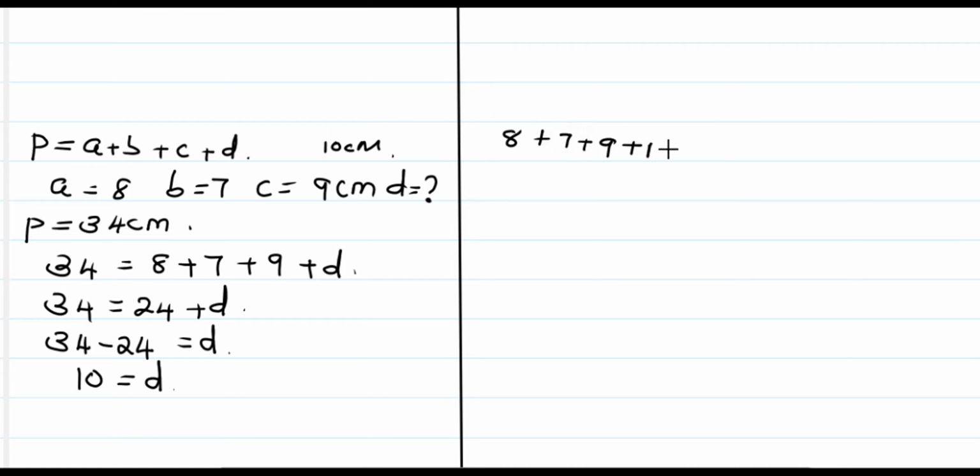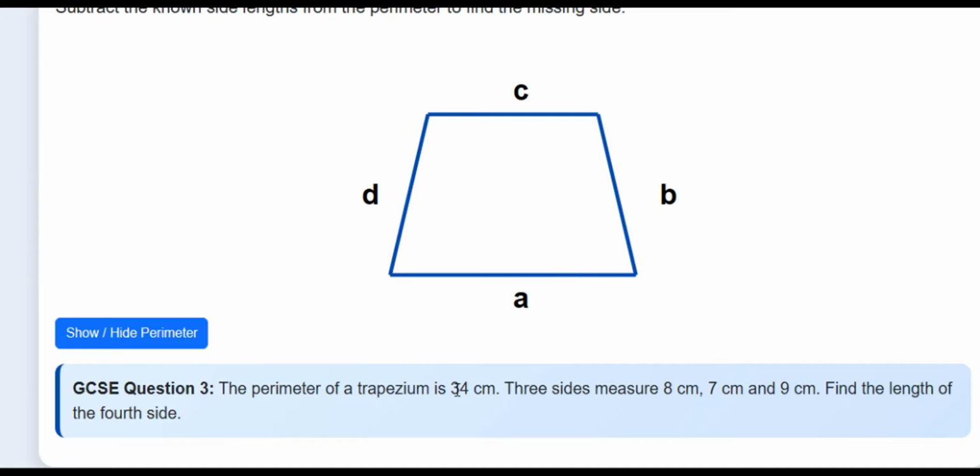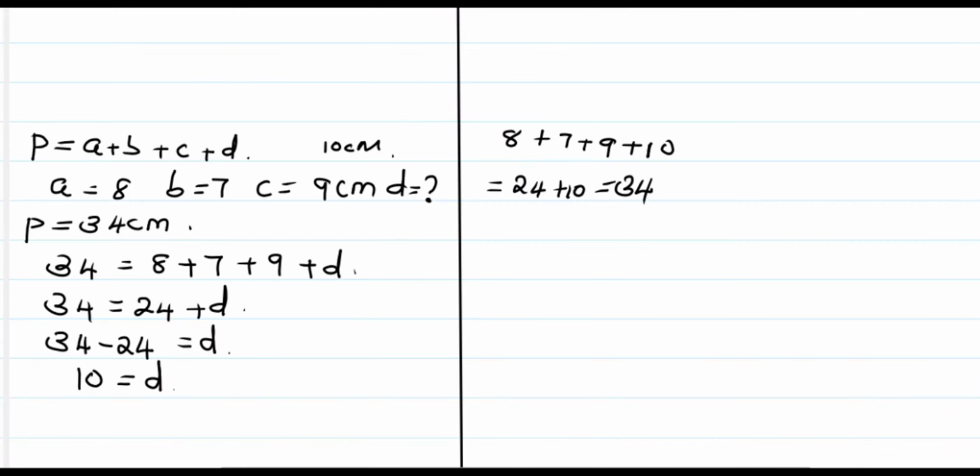Then 8 plus 7 is 15, plus 9 is 24, then 24 plus 10 is 34. This is the total perimeter we were given, because the total perimeter we are told is 34. So that's how we find the perimeter of a trapezium.